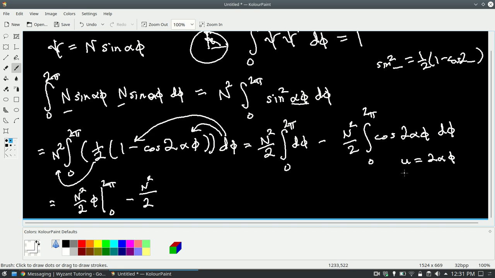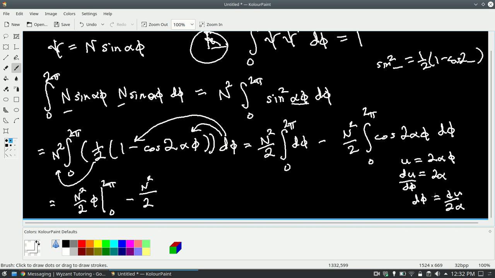Then du d phi will be equal to just 2 alpha. That means that d phi will be equal to 1 over 2 alpha du. Wait, flip this over, d phi over du. Flip this over, yes, so times du, like that, okay?